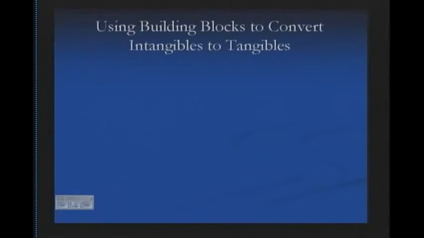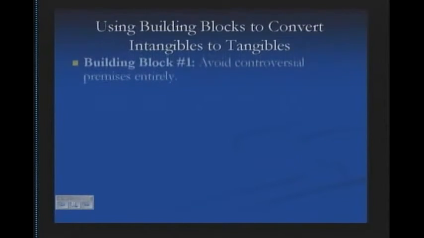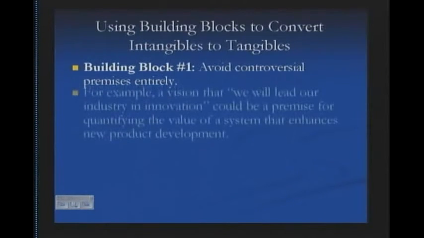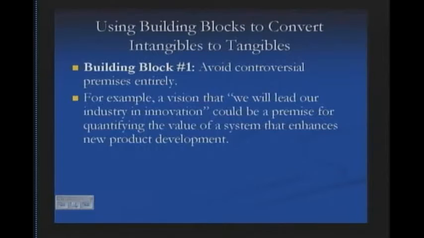So, using building blocks to convert intangibles to tangibles. Building block number 1, avoid controversial premises entirely. An example here would be, instead of saying something like, by using this new system, we will lead our industry in innovation. That's a little hard to quantify.